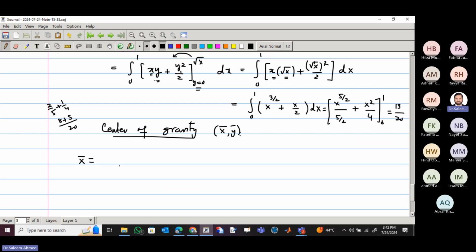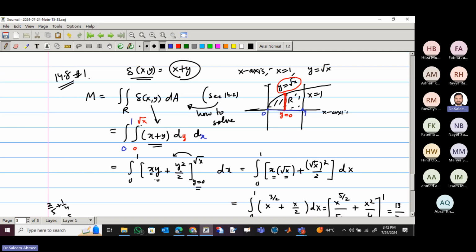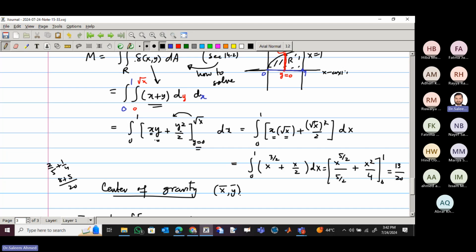So x bar is 1 over mass into the double integral of x into the density function. Now it is easy. Why is this easy? Because I already know the limits. Now I don't have to make this again. My limits will not change. The only change will be that there will be an x here. That's it.